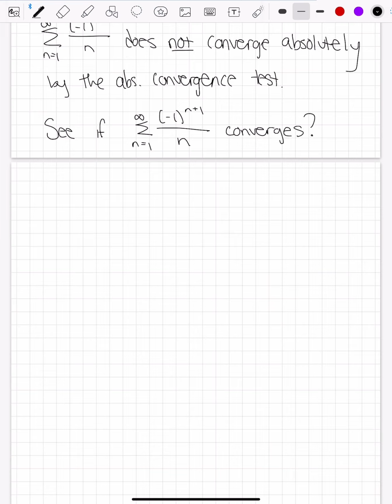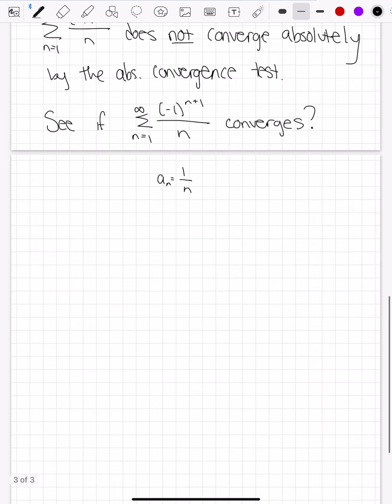Right? And so we can use the alternating series test on this because we know that this is an alternating series, and when we remove the alternating part, the 1 over n part is decreasing, so we can use that. So now we say use the alternating series test.